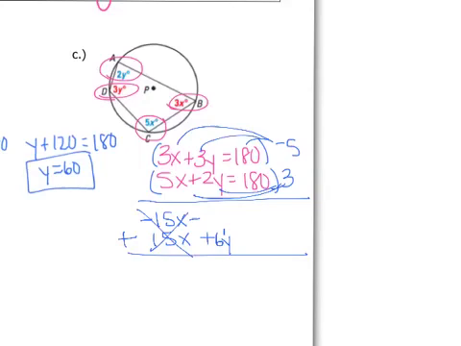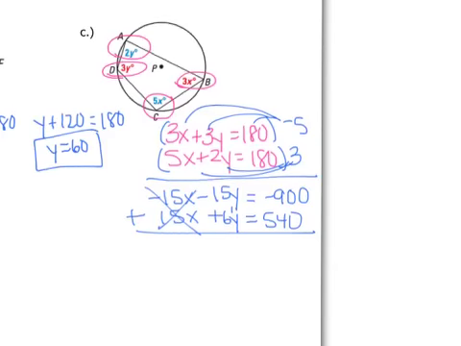Okay, so we distribute -5 throughout, so that's -15x. That should be -15y equals, that's -900. And then distribute the 3, that's 15x plus 6y equals, that's 540. I apologize. So now after we correctly distribute the -5 and the 3, now we can add our equations.